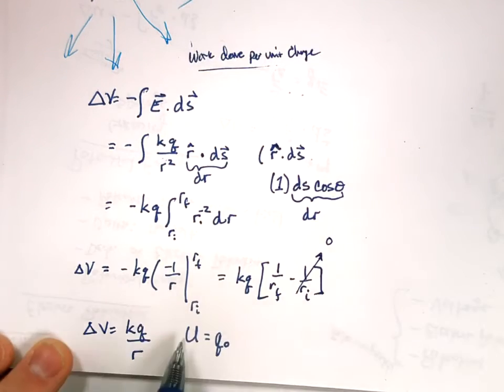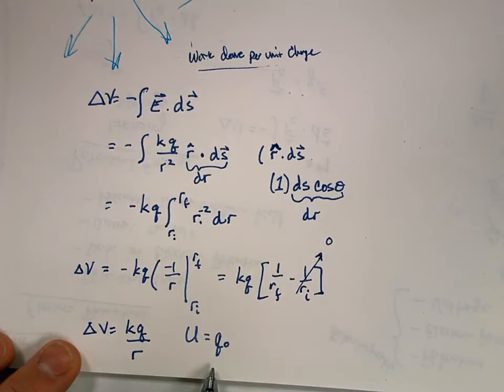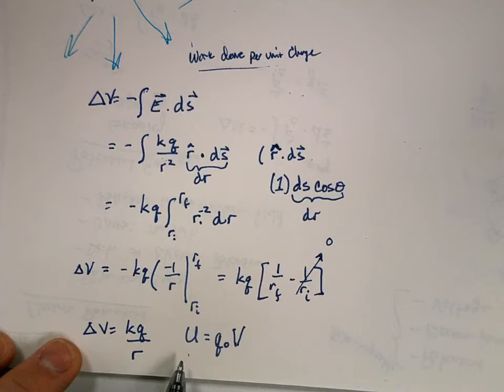If it's work done per unit charge and we multiply it by the charge of the test charge, that gives us our potential energy, because that's how we got to that point.